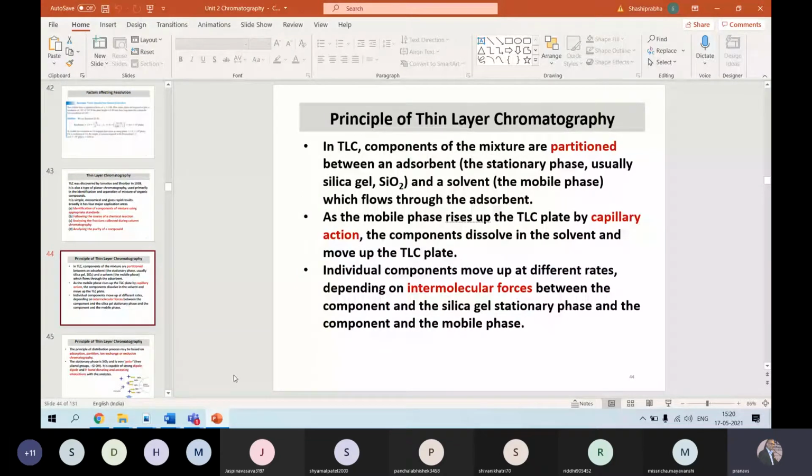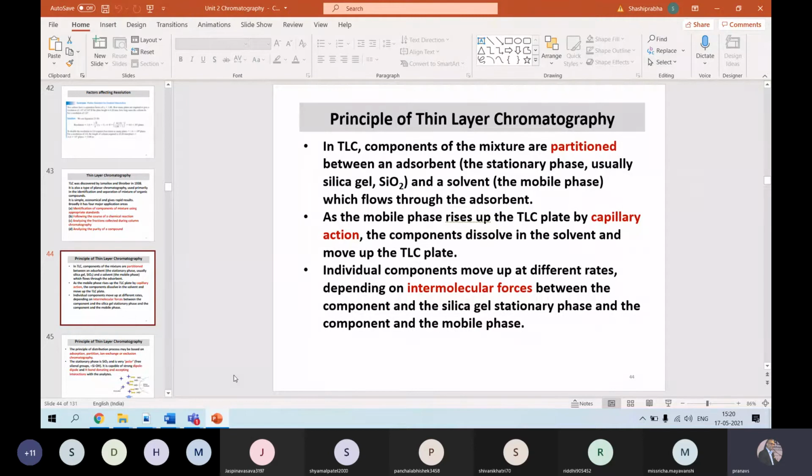Now, as I said, in any chromatography, there has to be a distribution, a partition of your analyte between the stationary phase, which is the adsorbent, which is silica. By and large, silica. You hardly come across any other material as a stationary phase in thin layer chromatography, because all commercially available TLC plates have silica as the stationary phase, and a solvent system which flows through the adsorbent.